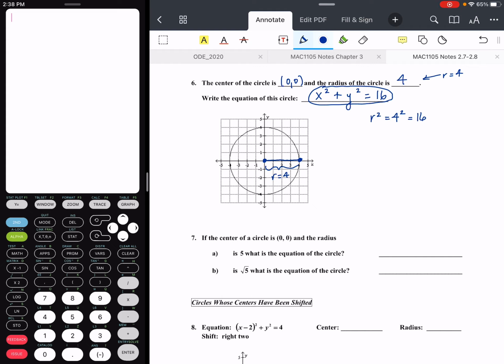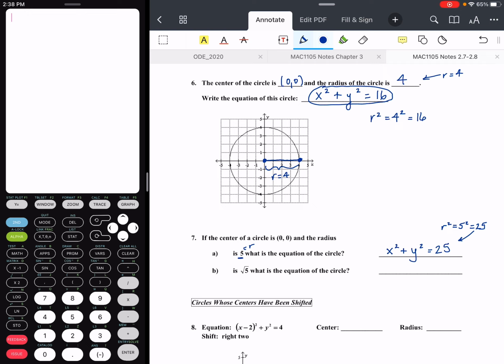Number 7: if the center of a circle is 0, 0 and the radius is 5, what is the equation of the circle? That would be x squared plus y squared equals my radius squared, which is 5 squared, which would be 25. So x squared plus y squared equals 25.